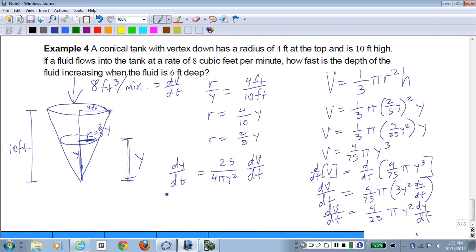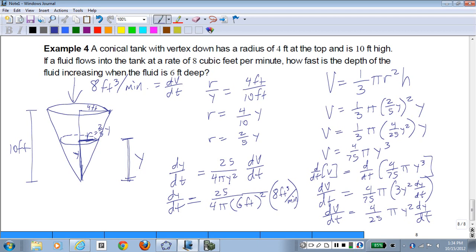So dy/dt, with the given information, is going to be 25 over 4 pi times 6 feet, square that, and then multiply by 8 cubic feet per minute.